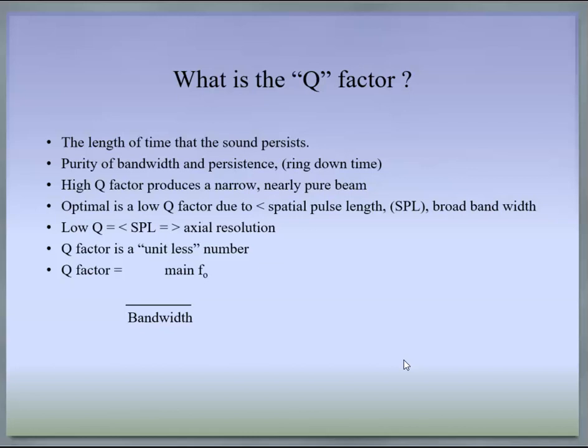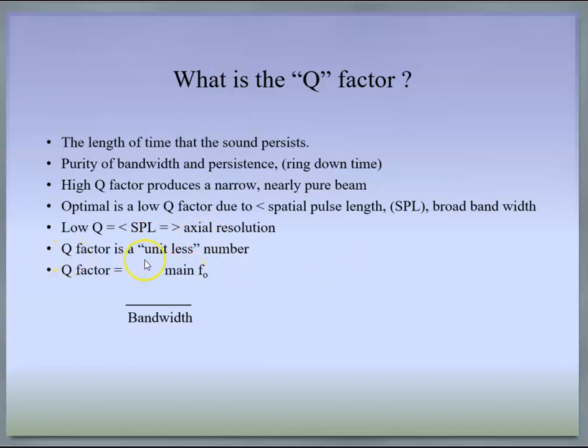However, that is not optimal for imaging. Optimal for imaging is a low Q factor because we want broad bandwidth. Low Q is dependent on a short spatial pulse length, which causes a better axial resolution.